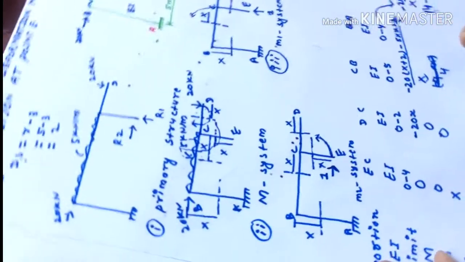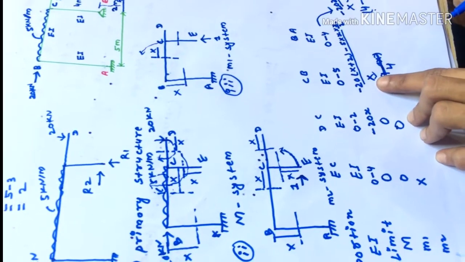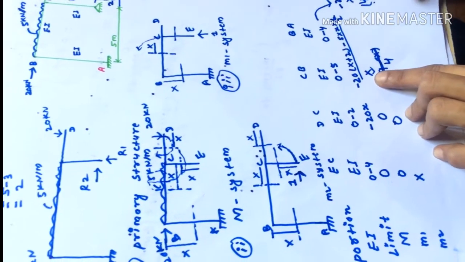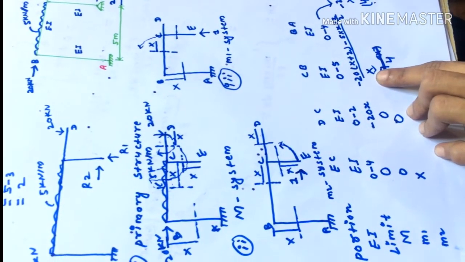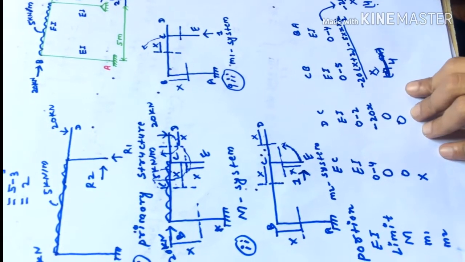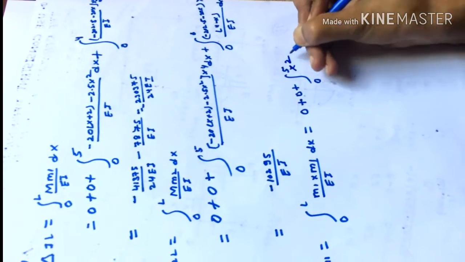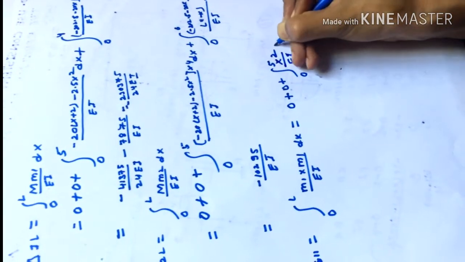Let us put this limit. For portion CB, we can see m1 is equal to x, and for portion BA, m1 is equal to this. Let us put this m1 into m, that is x into x squared by EI dx.